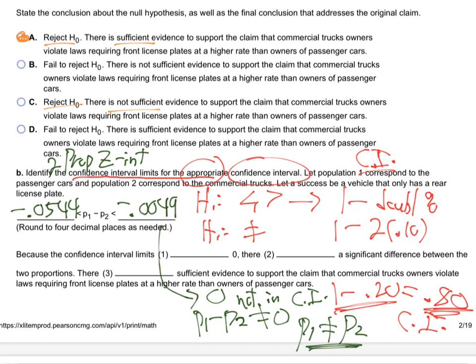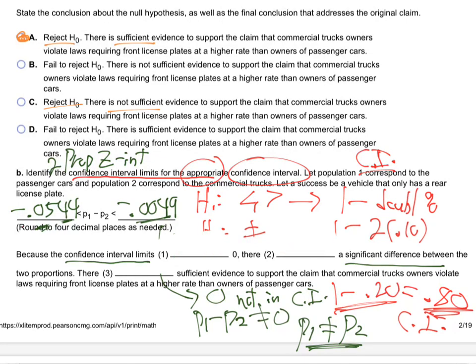So that's what they're going to ask you down here. They're going to say, because the confidence interval limits do not include, or include, what are they? The confidence interval numbers are both less than 0, aren't they? Both those numbers are less than 0. Is there a significant difference? Well, back here, I looked at the wrong spot.